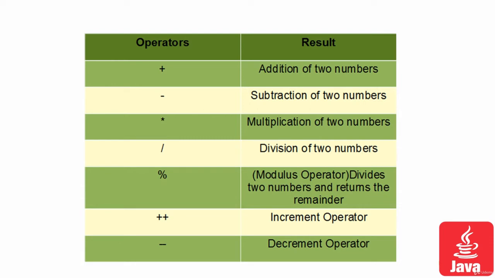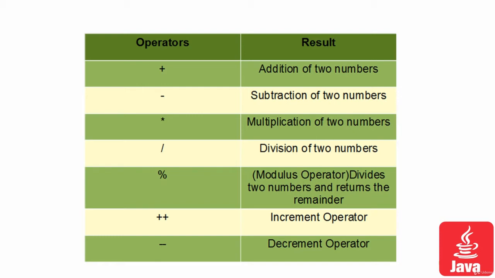When we are using different sets of operators, there are various scenarios where a conflict may occur. So to decide the priority of which operator goes first, there is operator precedence.